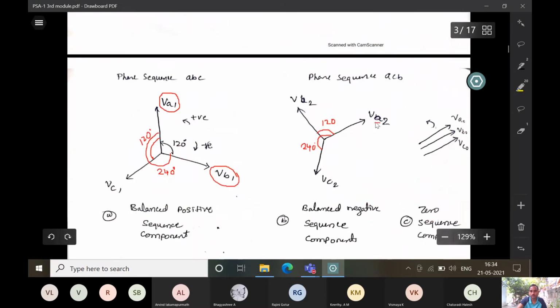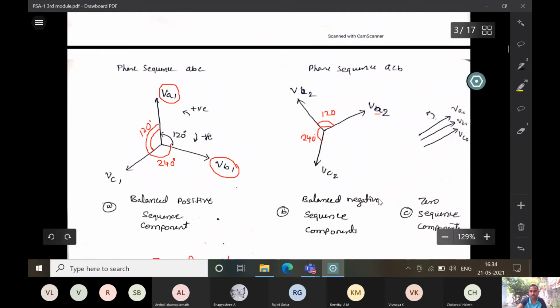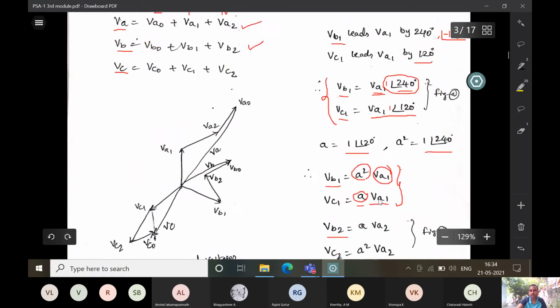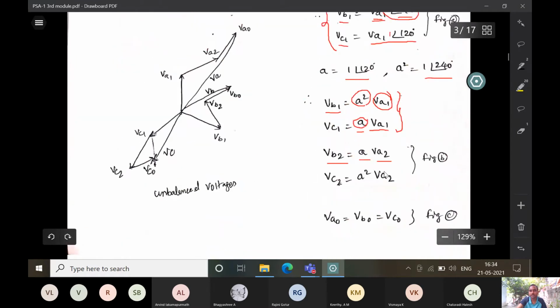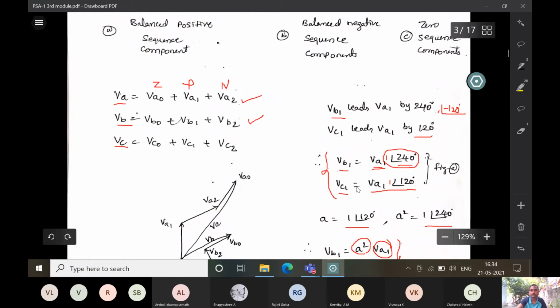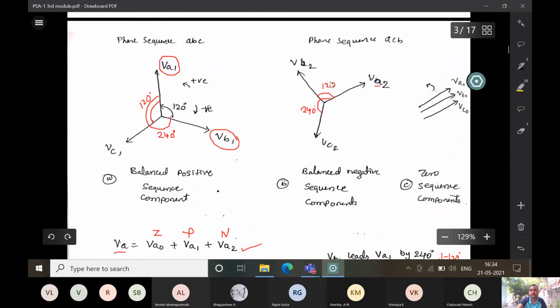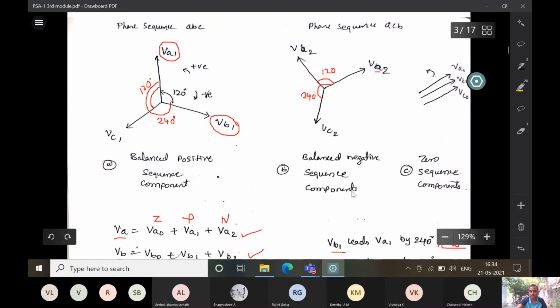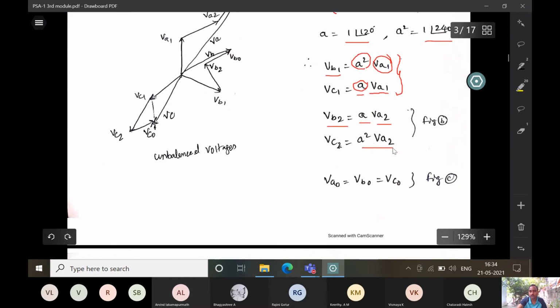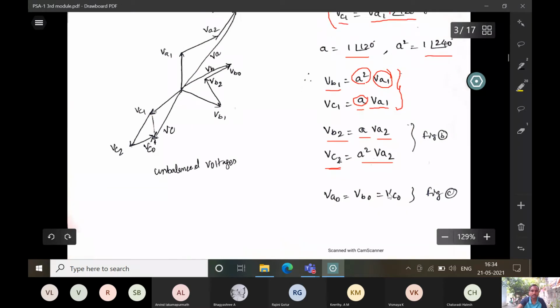VB2 is equal to VA2 at an angle 120, so 120 means A into VA2. This will give VB2. What is VC2? 240 means A square. A square into VA2 is equal to VC2. So this is from figure B.